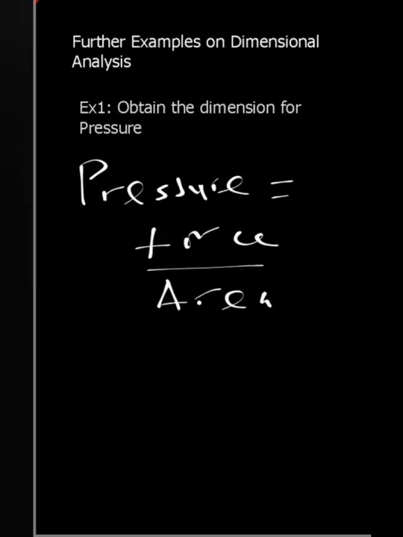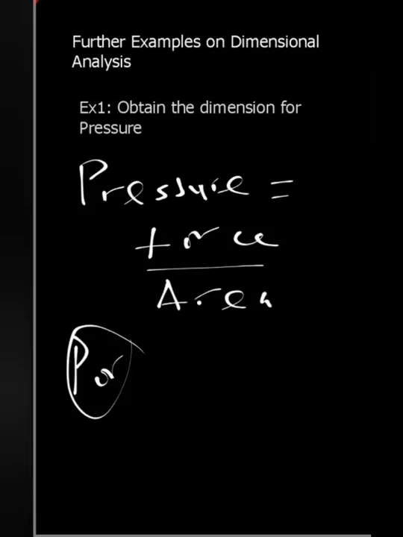And of course, force is a derived quantity, area is also a derived quantity. We recall from our last video that force is the product of mass and acceleration.